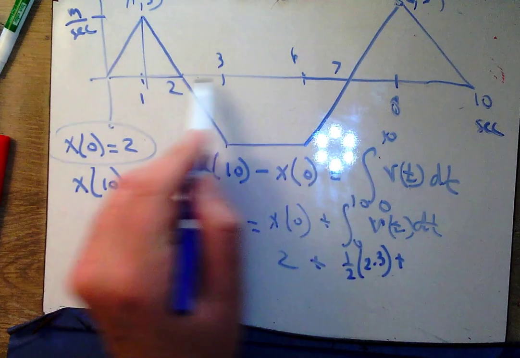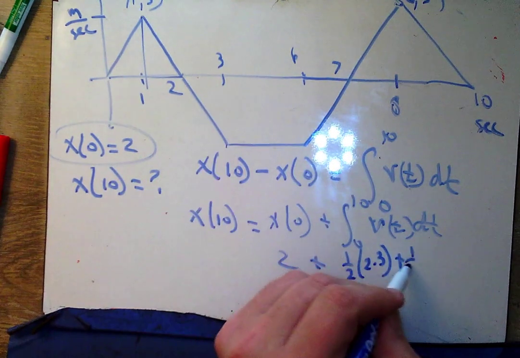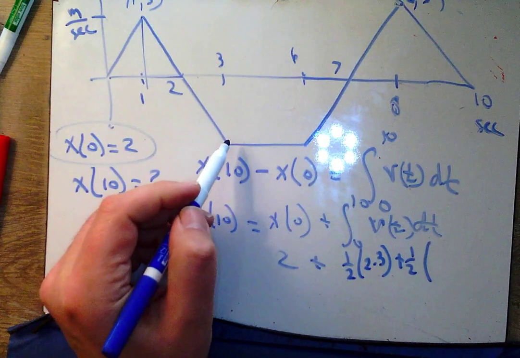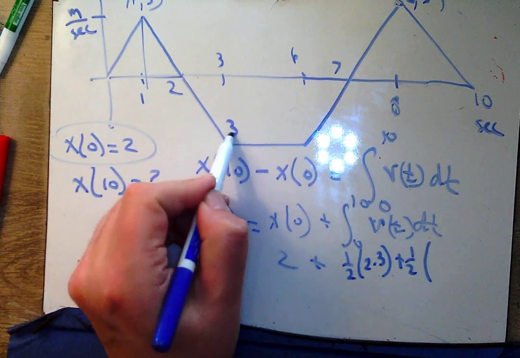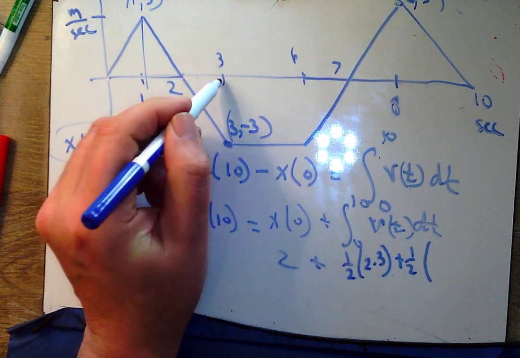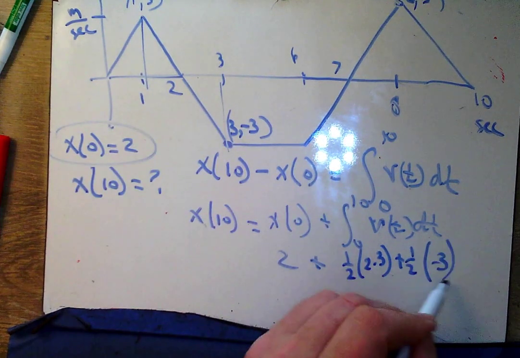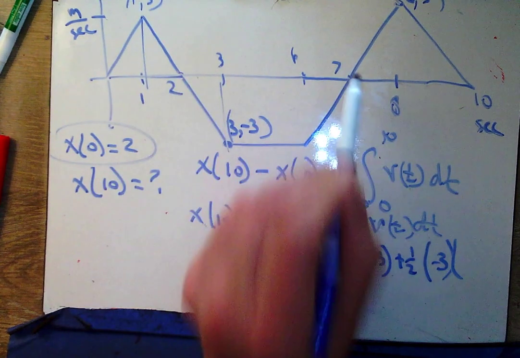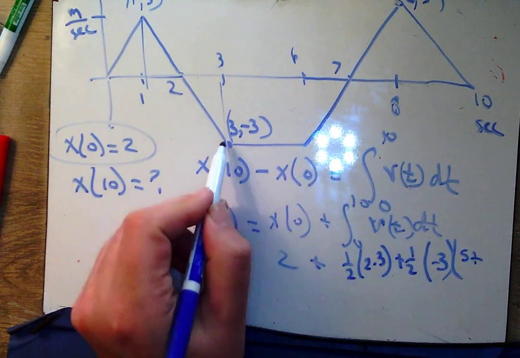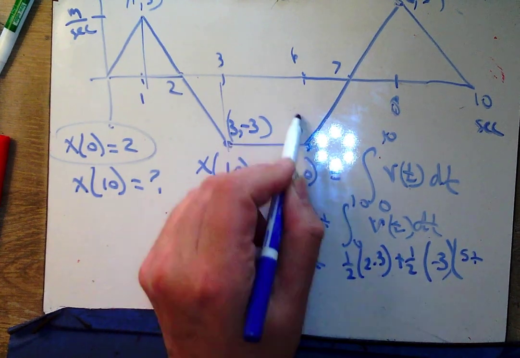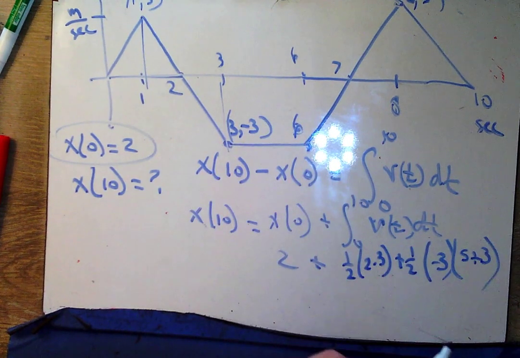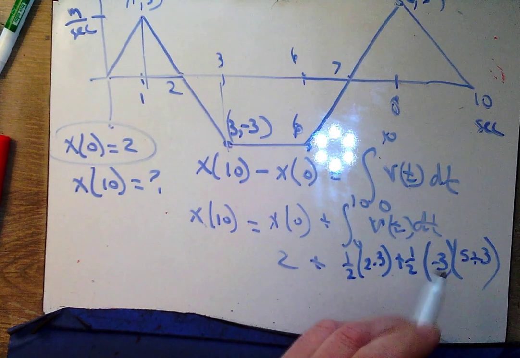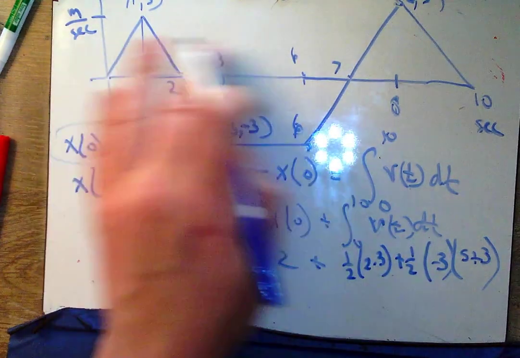Now we have this trapezoid here, and that's going to be 1/2 times the height. The height there is also 3, but notice this is down 3. It's a minus 3. And base 1 goes from 2 to 7, plus base 2, which goes from 3 to 6.